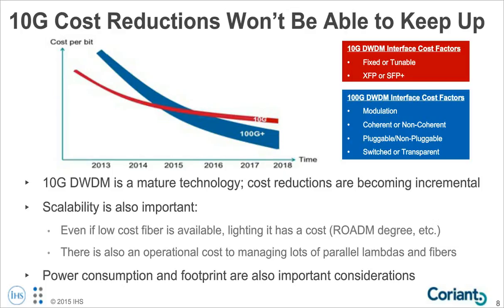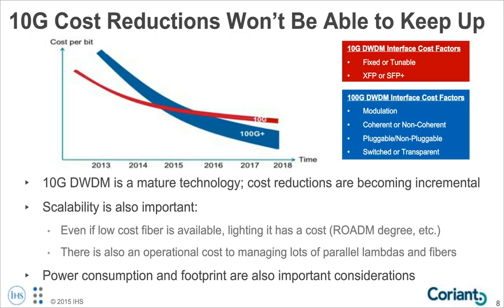The issue is that 10 gig DWDM is now a very mature technology, and any further cost reductions are going to be quite incremental. So these cost reductions aren't going to be able to keep pace with the tremendous growth we're seeing in traffic. So that's the first problem.